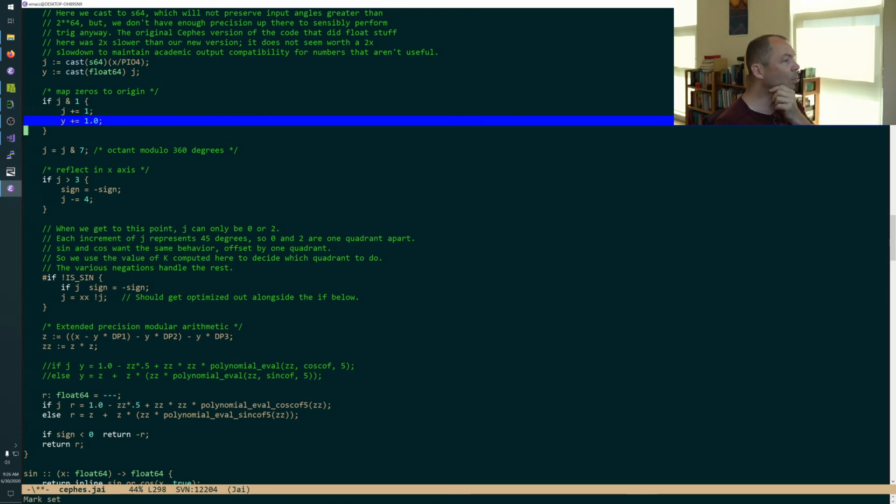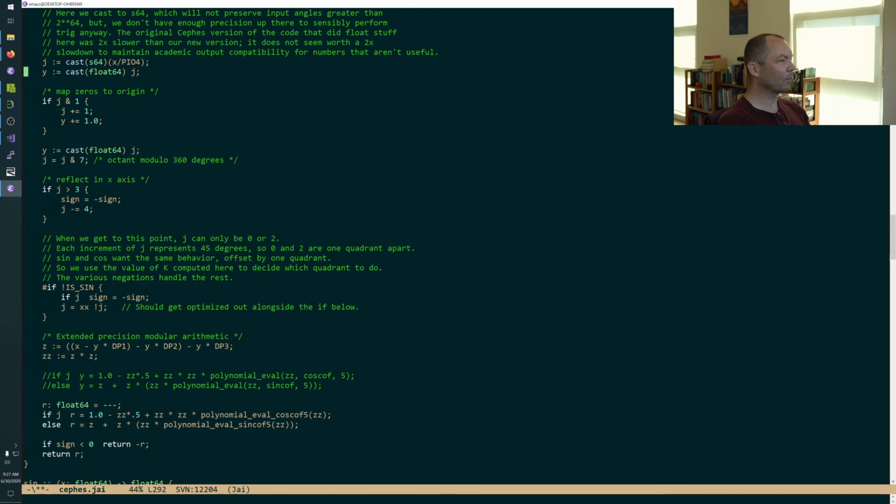No, this plus equals 1.0. Okay, wait. If we move this down, then we get rid of this. And then y is known to be small.